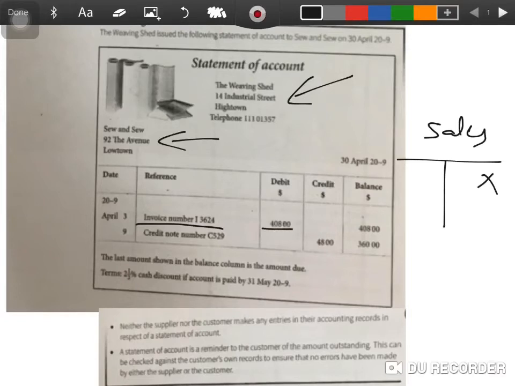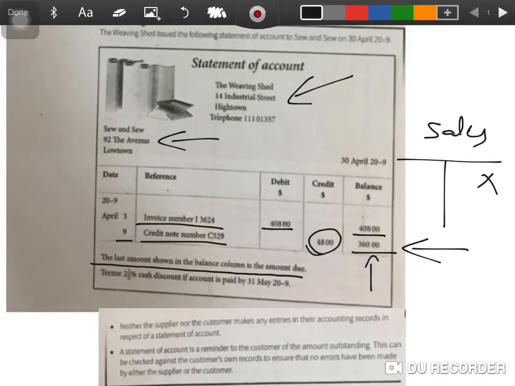That means after this transaction they owed me 408 rupees. But on April 9, they had returned goods to me. That is why I issued them a credit note, which reduced their balance. So now at the end of the month they owe me this amount, 360 rupees. The last amount shown in the balance column is the amount due.